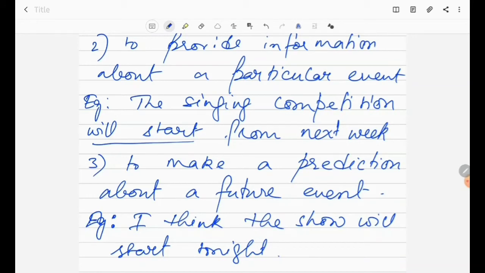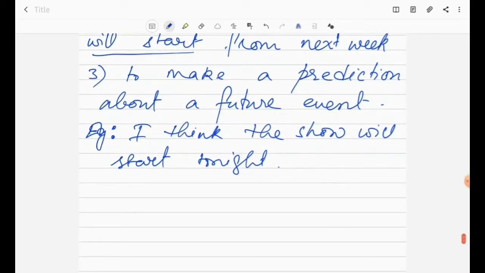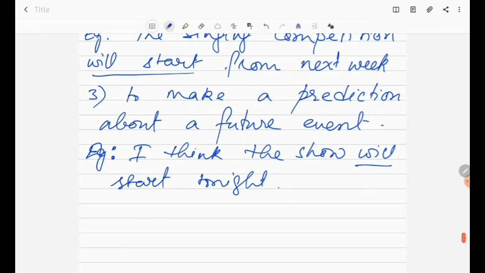So here a prediction is made about a particular event. So whenever we want to make a prediction about a future event, then also we use the future tense.